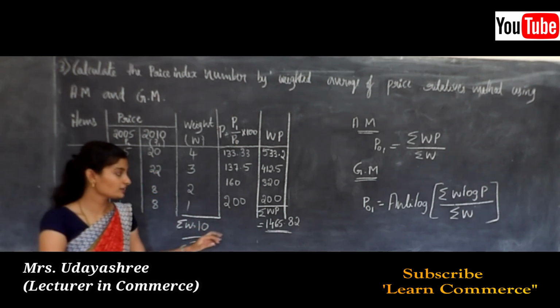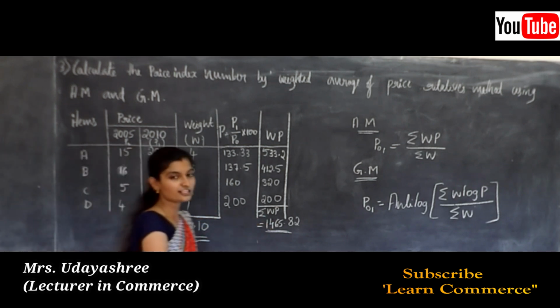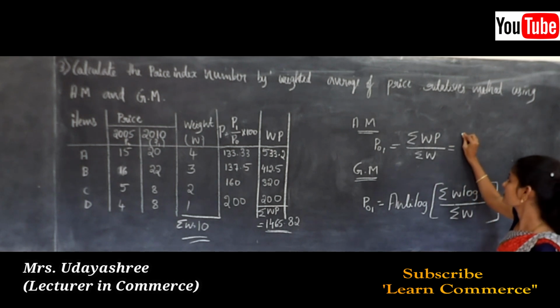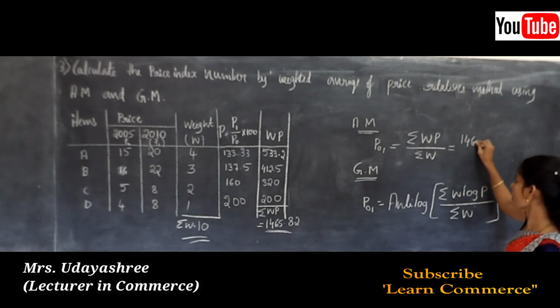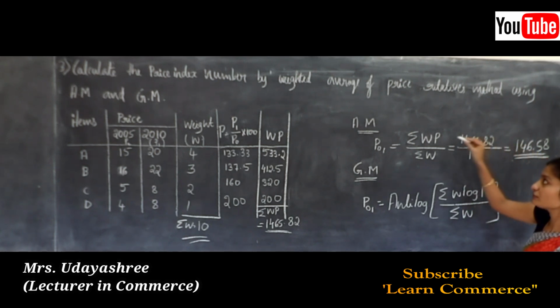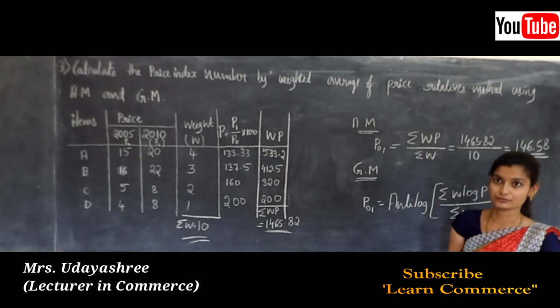Okay, now we got the value of sum of WP and sum of W. Now substitute these values in the formula. That is 1465.82 divided by 10. The final answer is 146.58. This is the calculated value of weighted arithmetic mean of price relative.